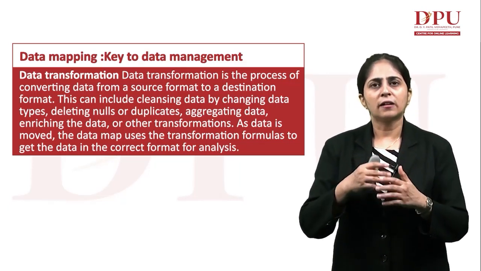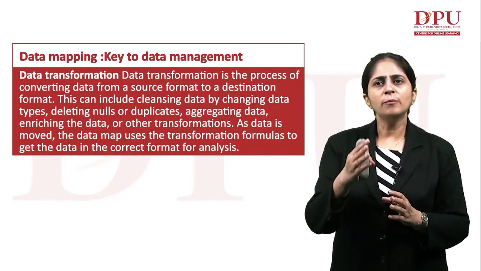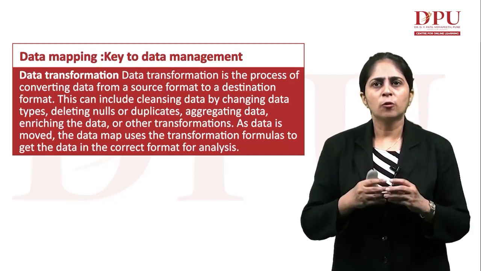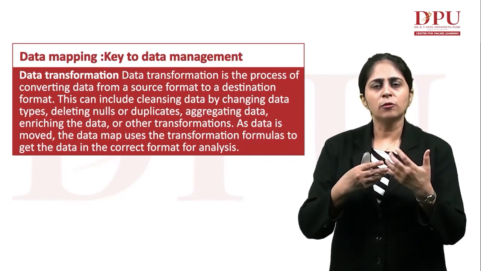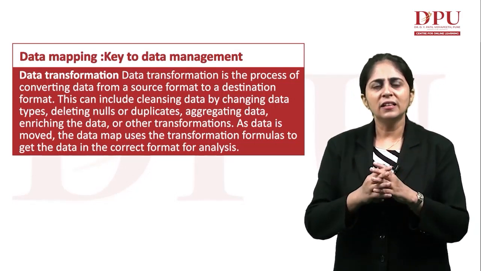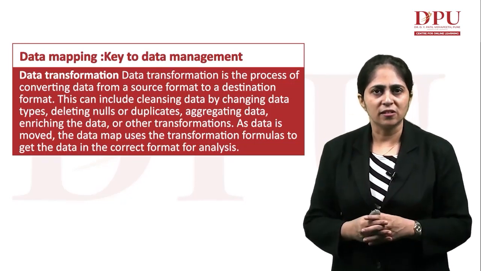Whenever we are converting our data from the source format to the destination format, we might have to use certain transformation formulas to get the data in the correct format so that it can be used for further analysis.